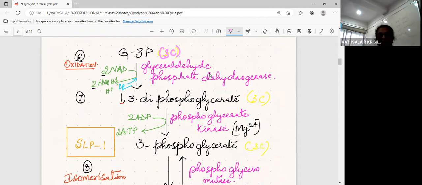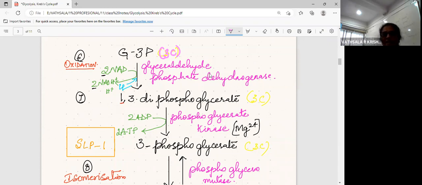It gives hydrogen. When hydrogen is added to acid, it becomes aldehyde. When from the aldehyde hydrogen is removed, what does it become? It becomes acid.